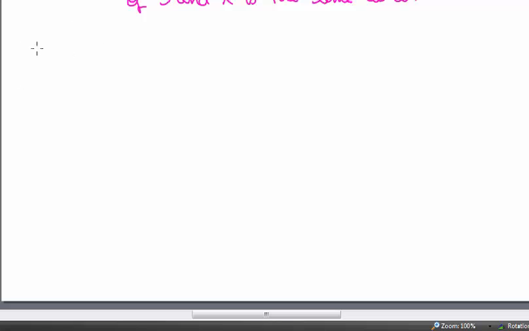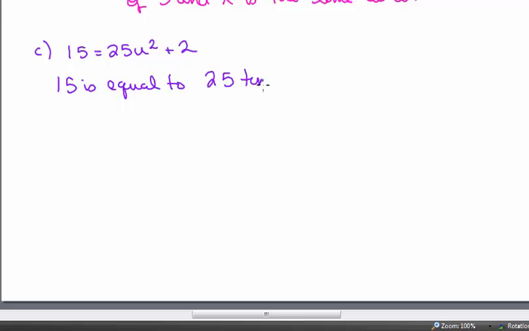All right, let's do 2 more of these and then we'll wrap up our notes. Let's see, 15 is equal to 25 times u squared plus 2.